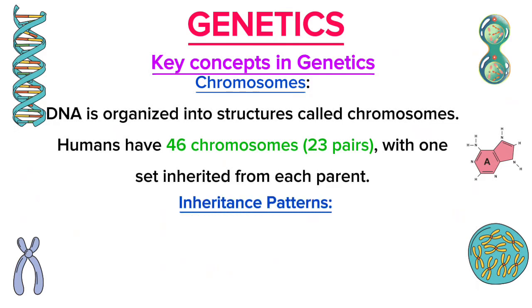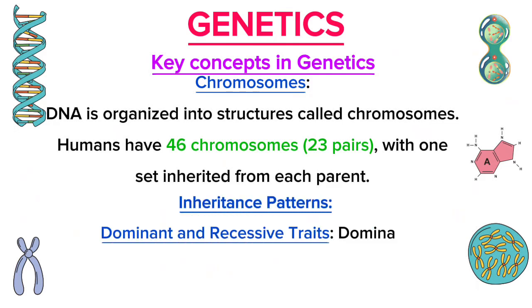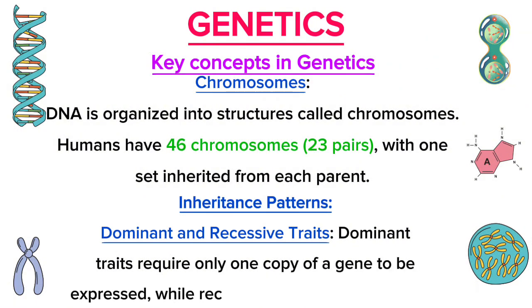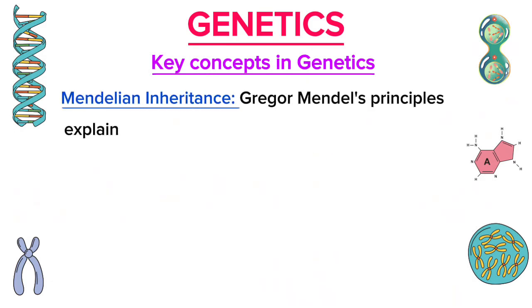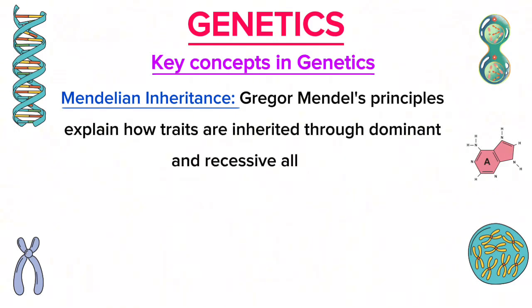Inheritance patterns. Dominant and recessive traits. Dominant traits require only one copy of a gene to be expressed, while recessive traits need two copies. Mendelian inheritance. Gregor Mendel's principles explain how traits are inherited through dominant and recessive alleles. We'll check that. Genetic variation.